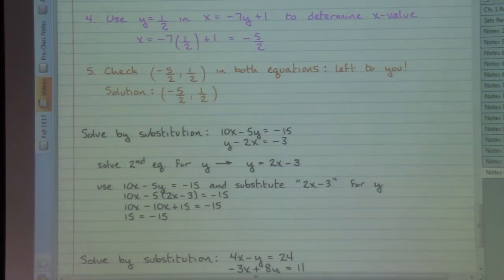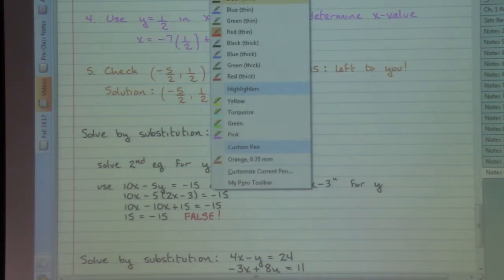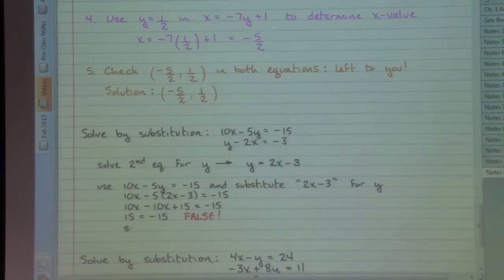Let's just highlight that with a little bit of color to pop out there. That's false there. So this system has no solution.